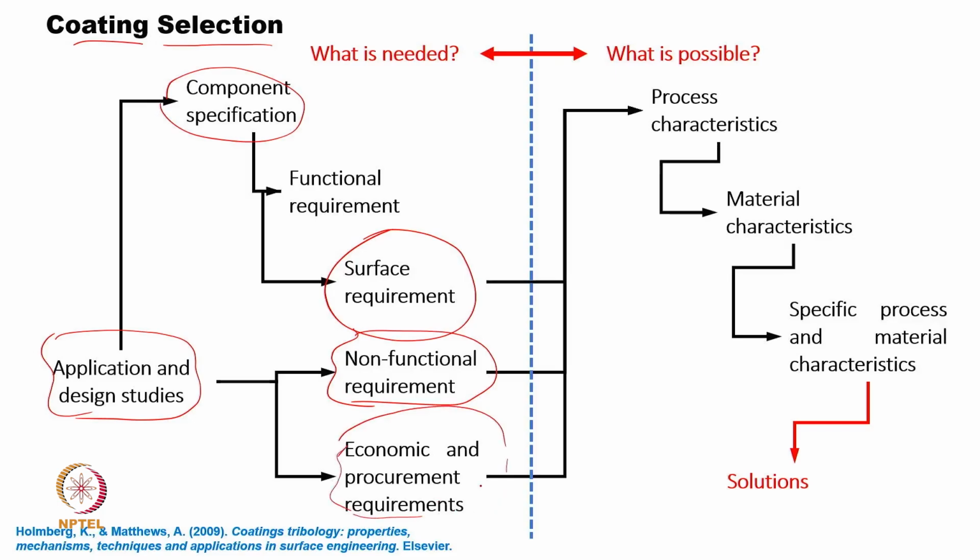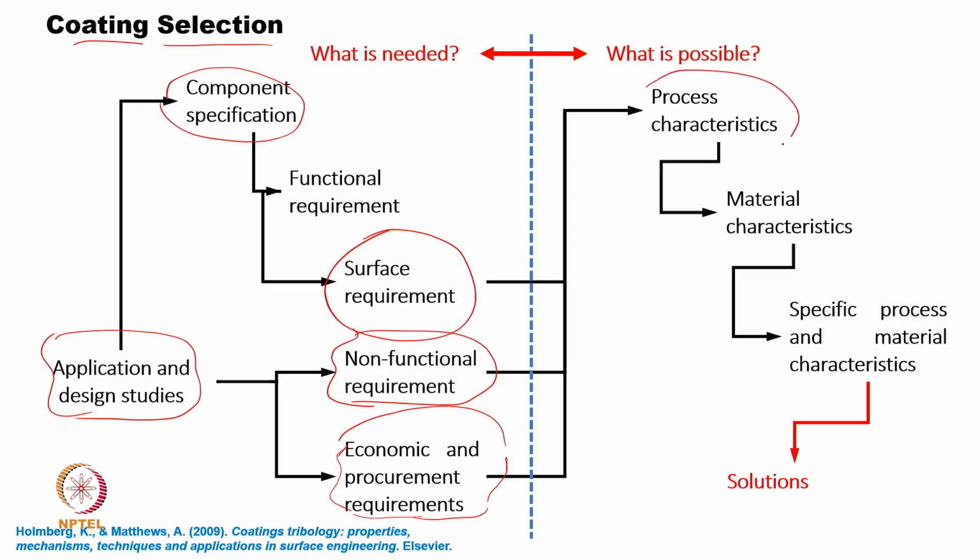Sometimes we say that we want to recondition it. The surface is already there, the functionality is already there, but we want the surface to be clean, or all the pores to be bridged, or we do not want any surface roughness. That can be done.